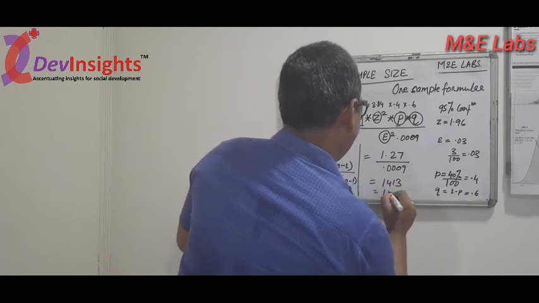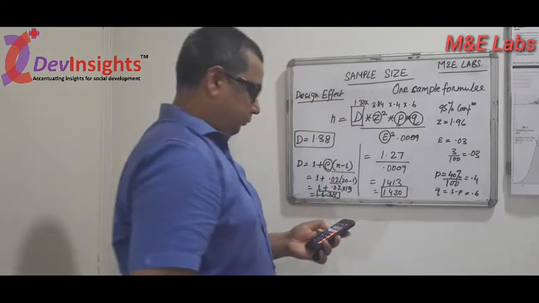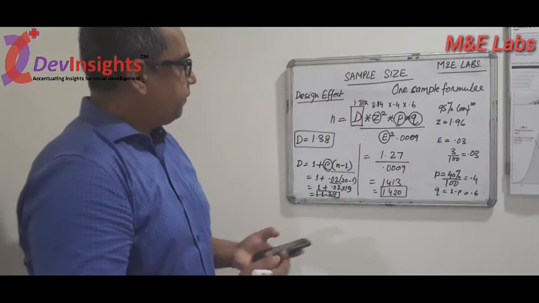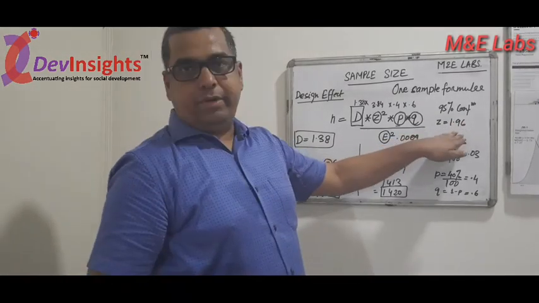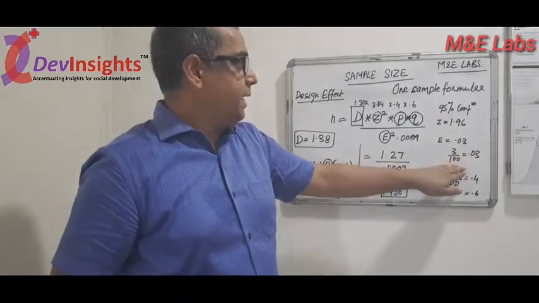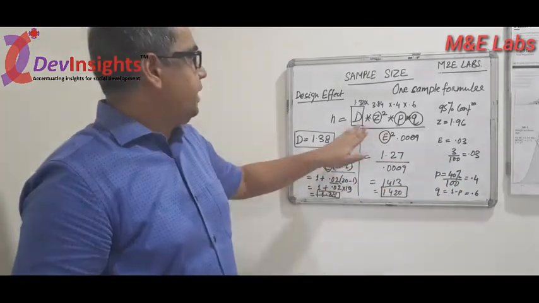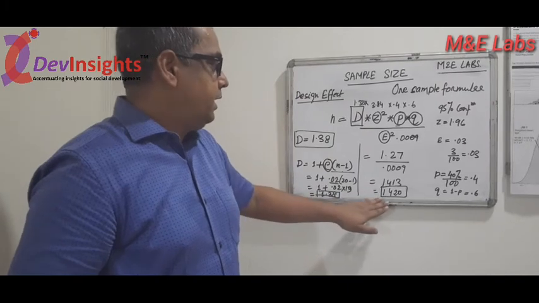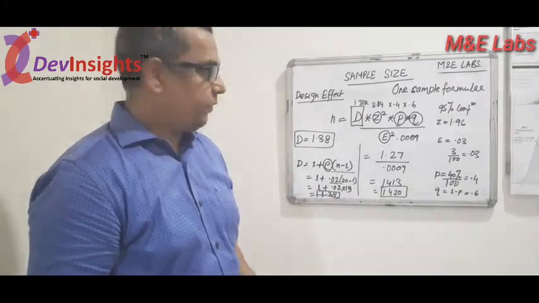So we round it up to 1430. So for this example, for confidence level of 95%, Z 1.96, error 0.03, P 0.4, Q 0.6, design effect of 1.38, this is the sample that you would be requiring, right?